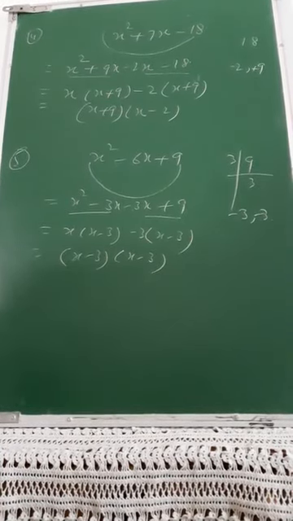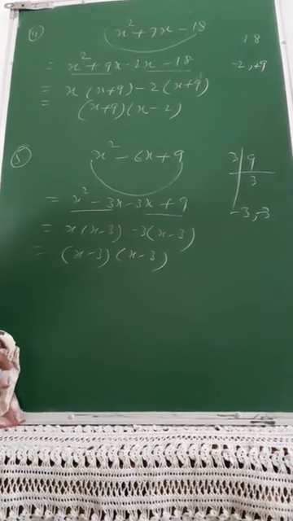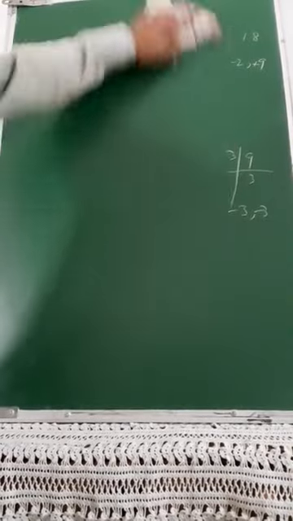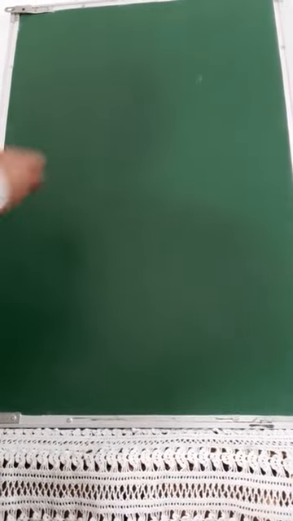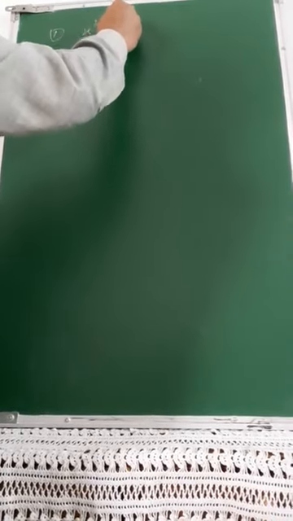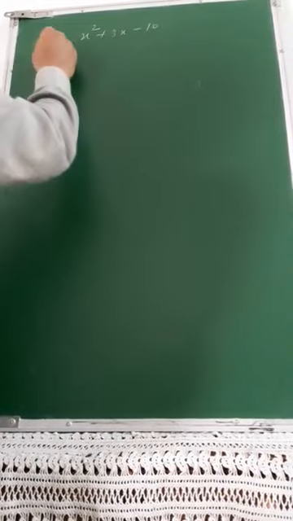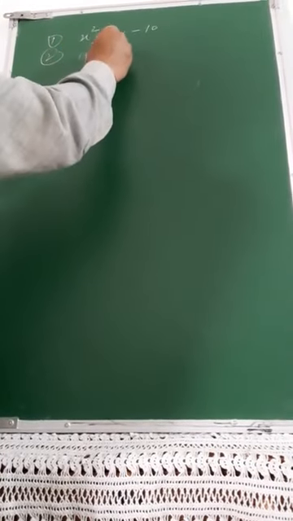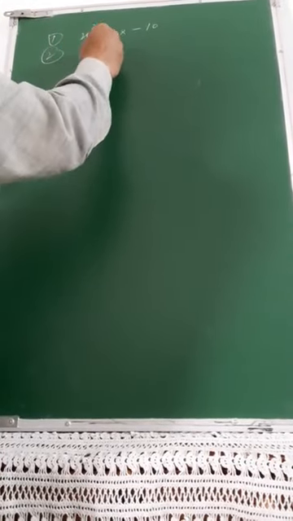Before going to your exercise question, I am writing 5 more questions from the middle term splitting point of view for your practice at home today. Please make a note of these 5. Number 1 is x square plus 3x minus 10. Number 2 is q square minus 12q plus 35.